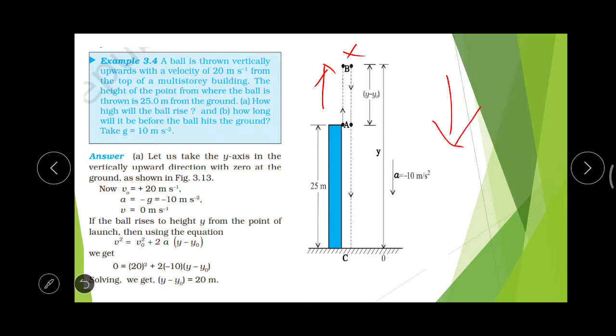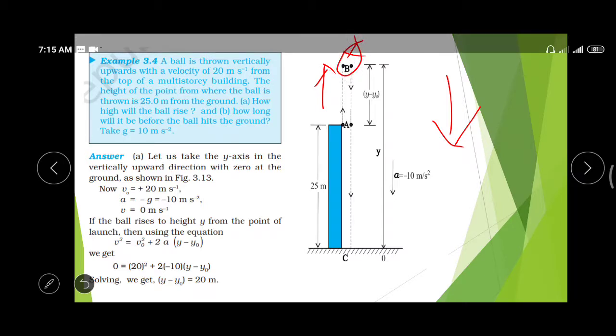Now the body is moving upward, so the acceleration should be taken as minus g, which is equal to minus 10 meters per second squared, and the final velocity at point B will be 0. So these are the major values you have now. And what is asked? How high will the ball rise? First of all, you have to find the distance AB.